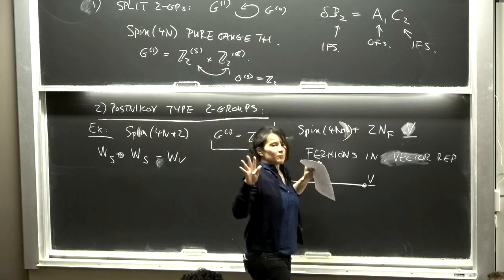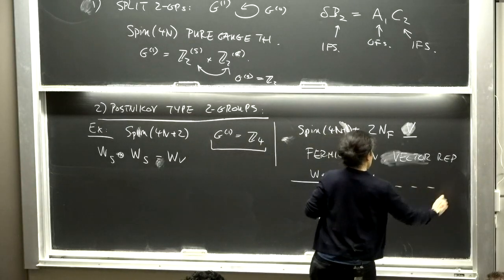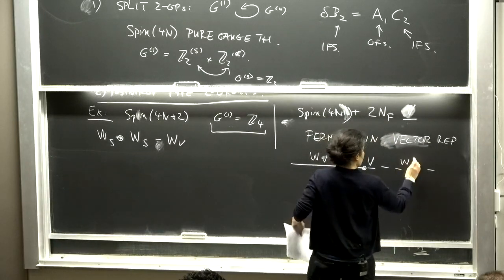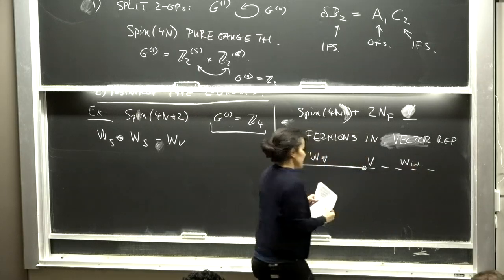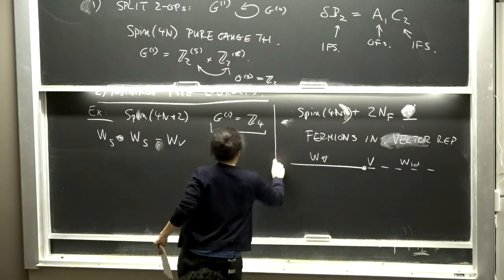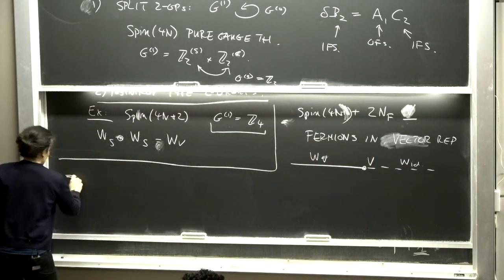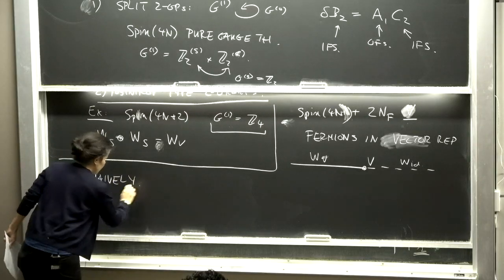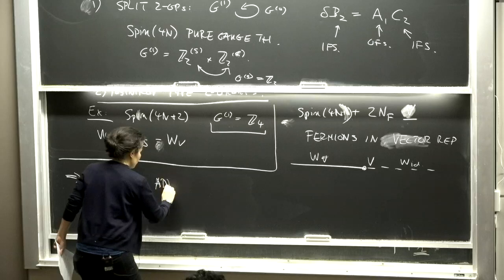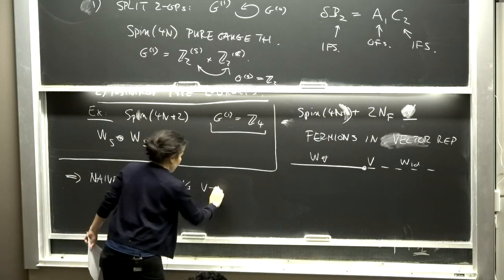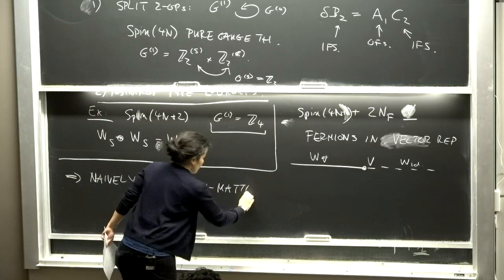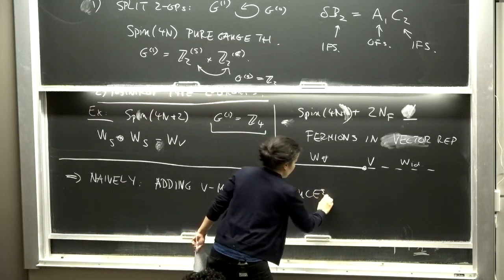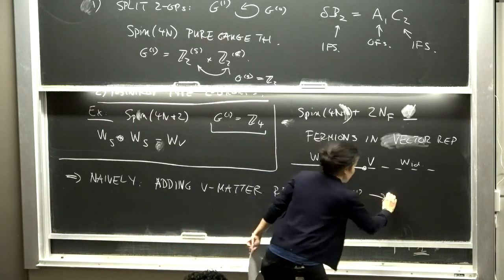So that's what we would have said 2 days ago, right? So we say this is now equivalent to basically the identity line. So essentially, we would have said naively adding V matter reduces the one-form symmetry to Z2.